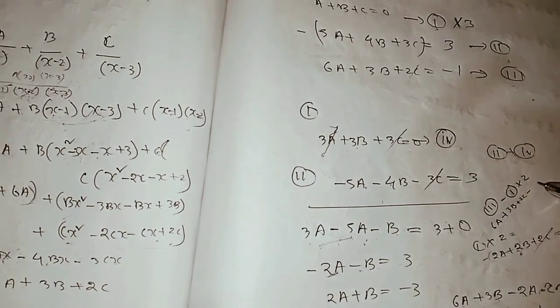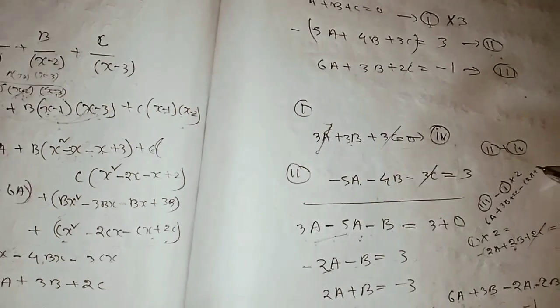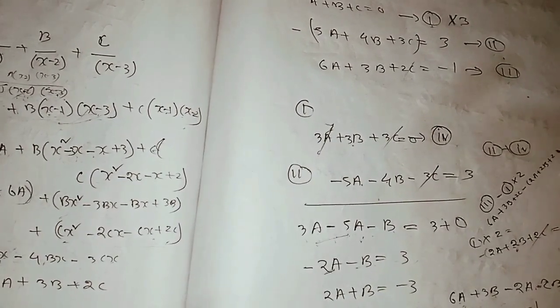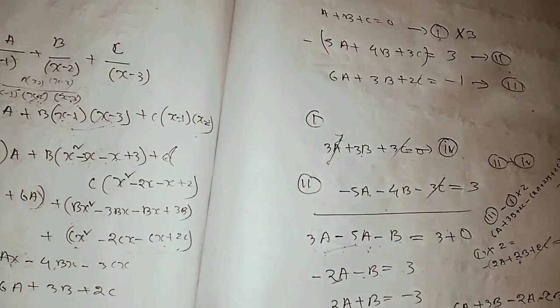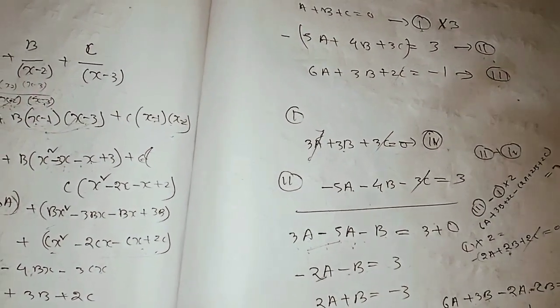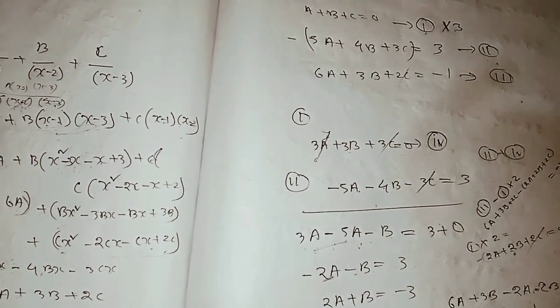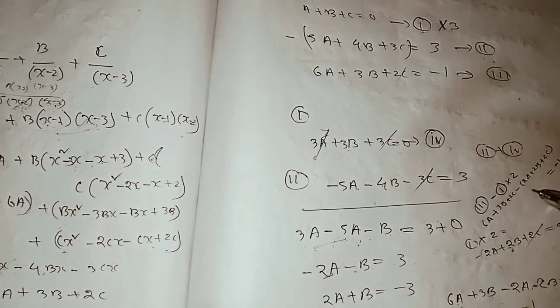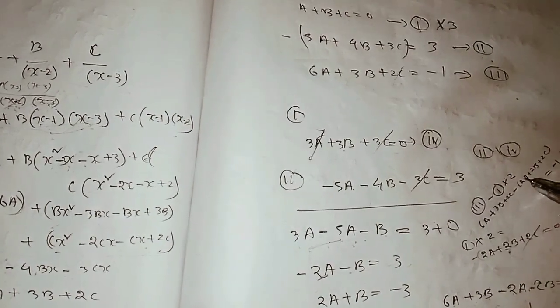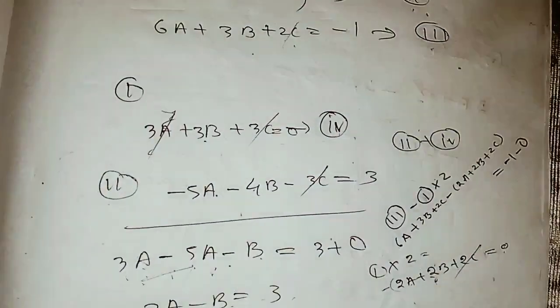Minus 2a plus 2b plus 2c is equal to what? Here minus is first, so -1, and second minus 0. This minus will go into the brackets, then all the terms will convert into negative terms.